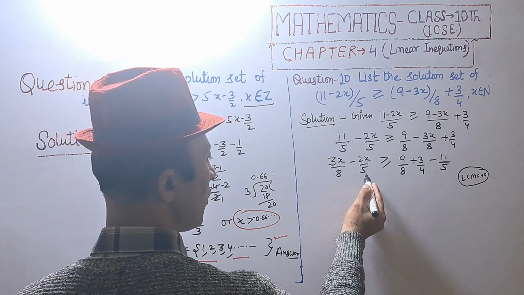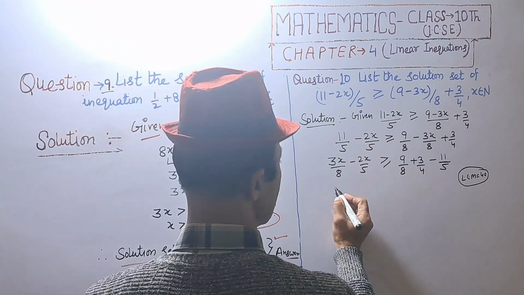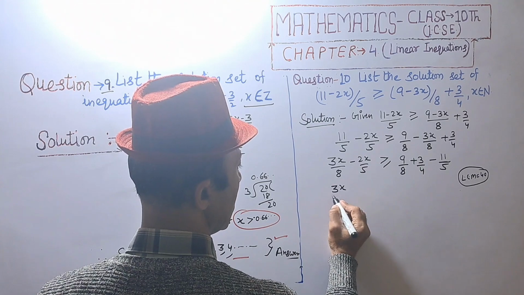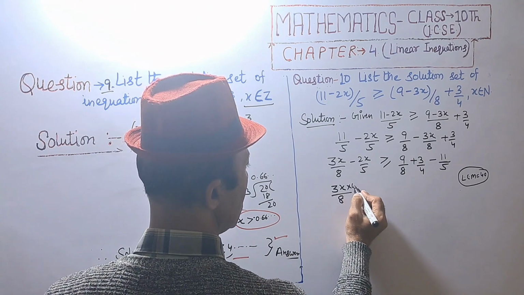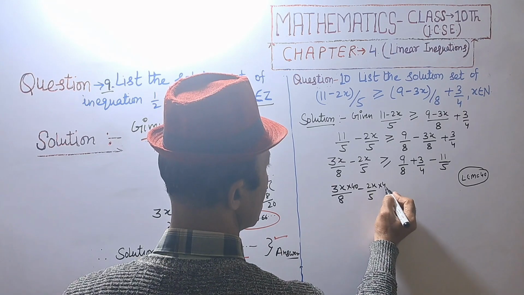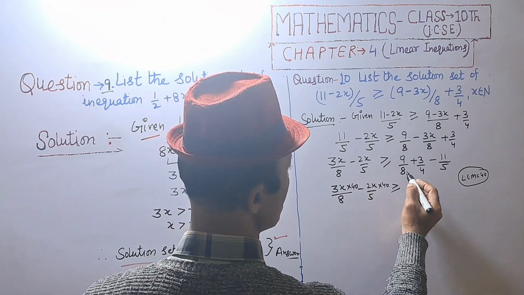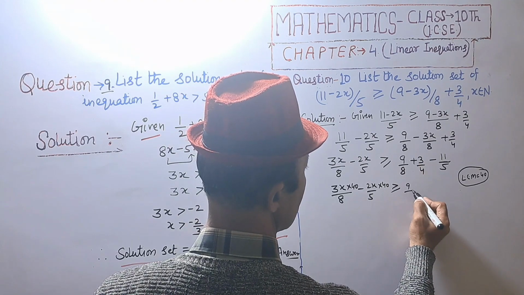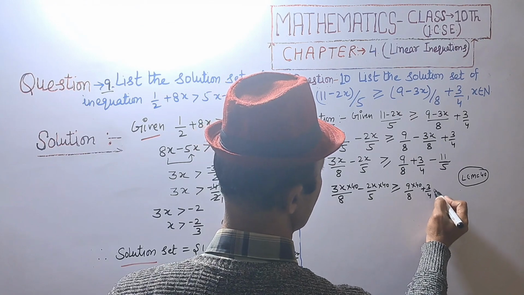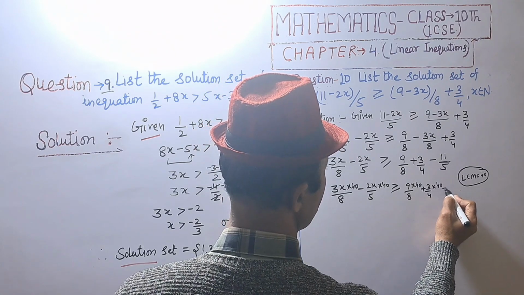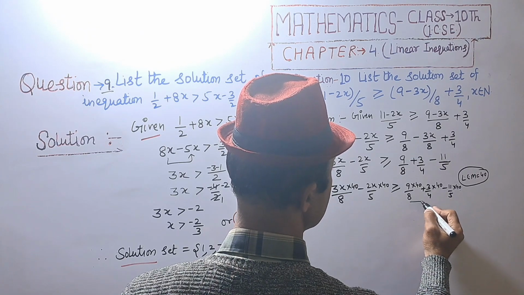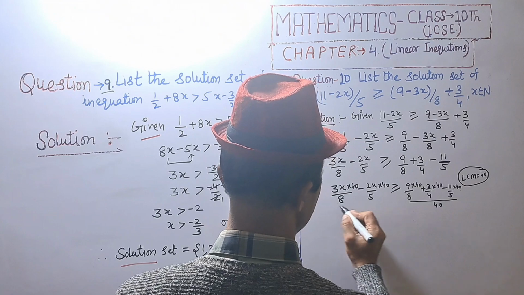And LCM of 5 and 8 is 40. 3x upon 8 into 40 minus 2x upon 5 into 40 is greater than or equal to 9 upon 8 into 40 plus 3 upon 4 into 40 minus 11 upon 5 into 40, and LCM is 40.